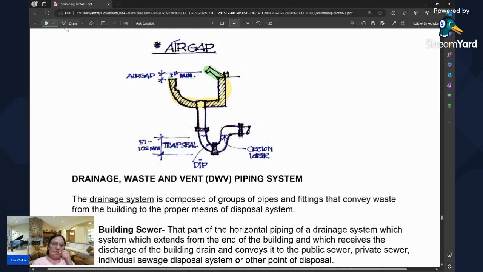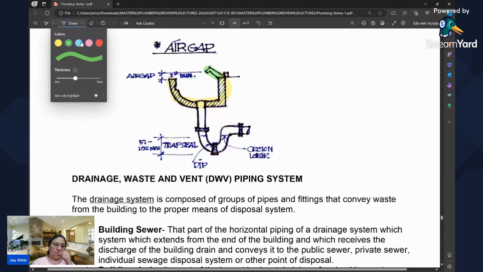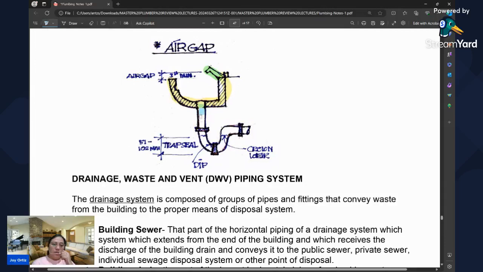Then, this is now the trap, the pipe. Okay, and this is the dip, the trap seal, and the crown. This is the crown weir, and this is the dip, no? Ito yung trap seal. Okay.